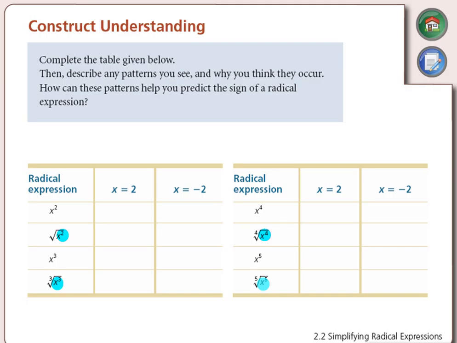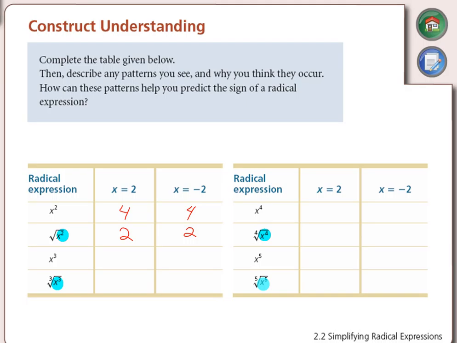X squared. Okay, if we do x squared, then this one is going to be 4. Hey, negative 2 squared is also 4. If I take the square root of those numbers now, it's going to be down to 2. So even though I started with an x of negative 2, if I squared and square root it, I get a positive 2.